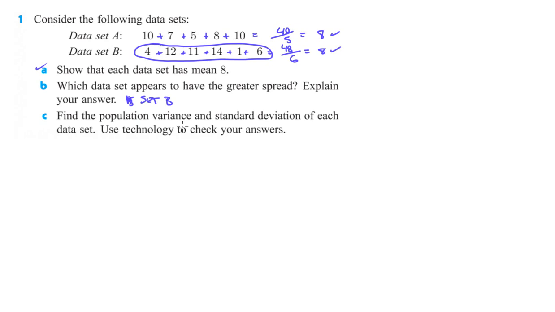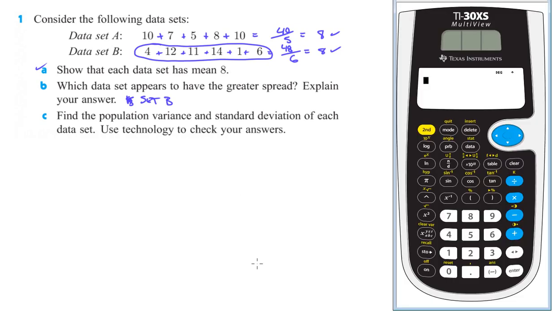Okay, and then C: find the population variance and standard deviation of each data set. Use technology to check your answers. We're going to go straight to using technology. We go into data. If you have anything in there, you'd want to hit data again and clear whichever list you want, or if you scroll down, it will clear all.